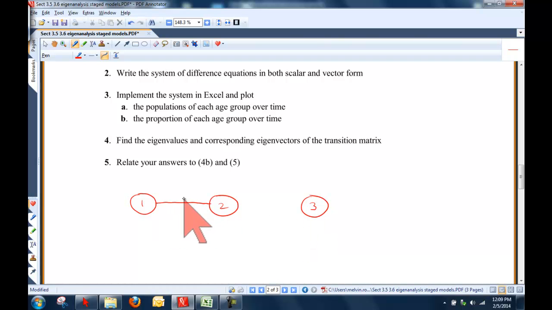Well, the natural aging takes everybody in category 1 and puts them in category 2. Those in 2 go to 3. But then we also draw births on this diagram. So for example, females in age category number 2 give birth to newborns which go into the youngest age category, and so we draw a transition arrow here like this.